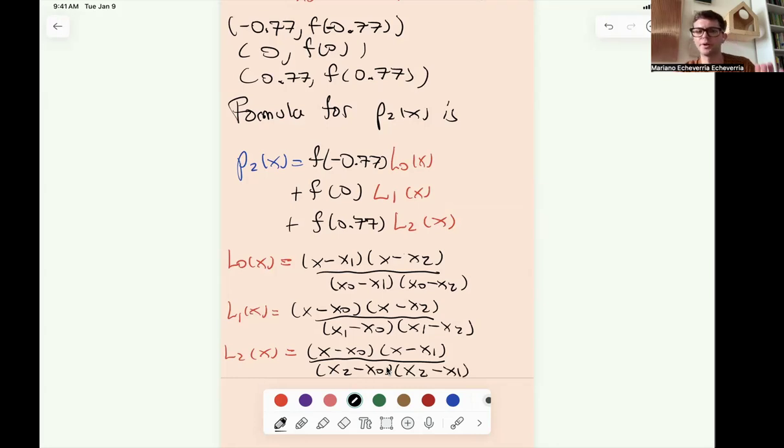Okay, I'm just putting it out there so that you notice explicitly that this has nothing to do with f. It only has to do with the zeros of the Legendre polynomial, because x0, x1, x2 are the zeros of the Legendre polynomial. So this is unrelated to f, okay? Nothing to do with f, independent of f.